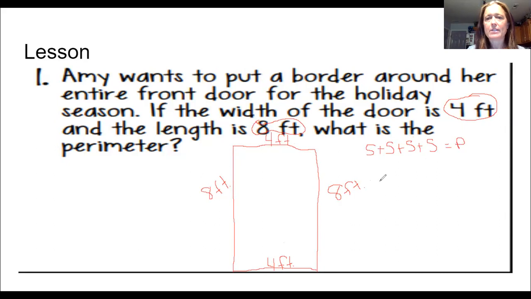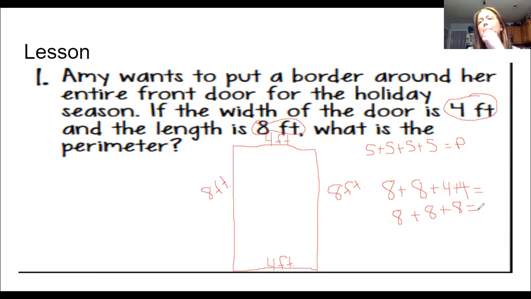So what are the sides of this one? So that would be 8 plus 8 plus 4 plus 4. Okay, which would then, if I take 4 plus 4 first, would be 8 plus 8 plus 8.